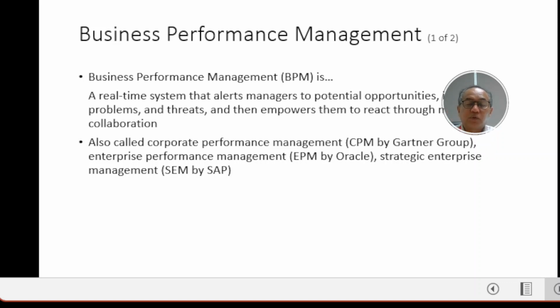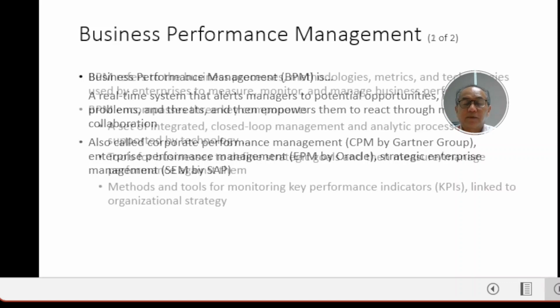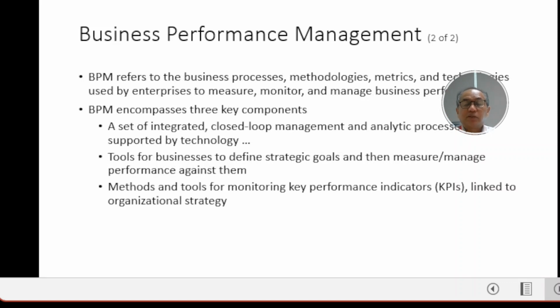It is also called corporate performance management, enterprise performance management, or strategic enterprise management. Business performance management refers to the business processes, methodologies, metrics, measurement, and technologies used by enterprises to measure, monitor, and manage business performance.